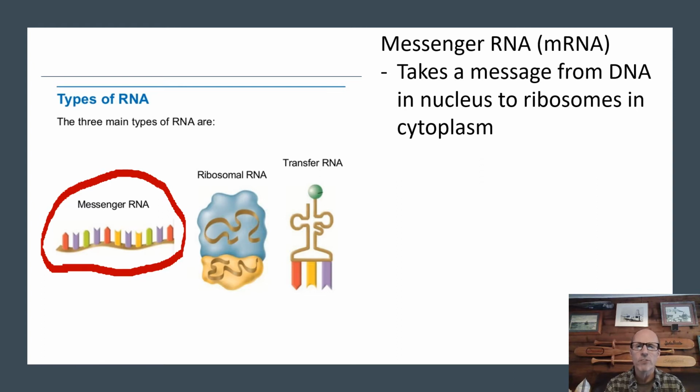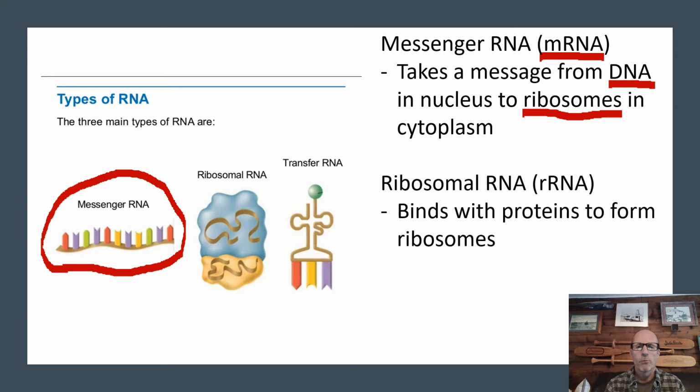In a nutshell, messenger RNA, or mRNA, takes the message from the DNA in the nucleus and carries that message into the cytoplasm where protein synthesis will ultimately occur. And you'll remember that the ribosomes are really important in terms of producing protein. The ribosomal RNA, or rRNA for short, is part of the machinery that actually binds to the proteins and the ribosomes. So we'll look at this in more detail in a future lesson.